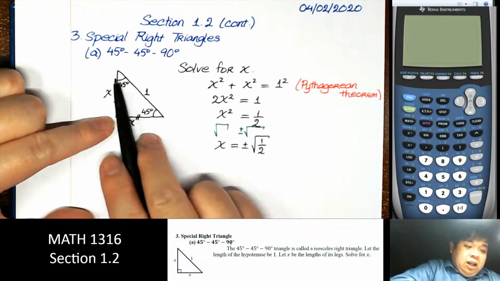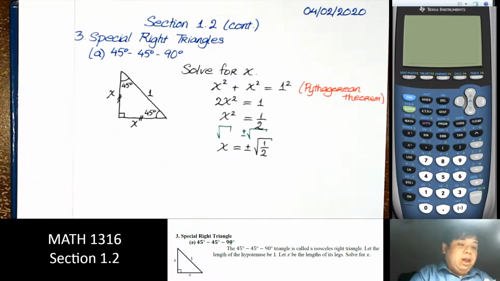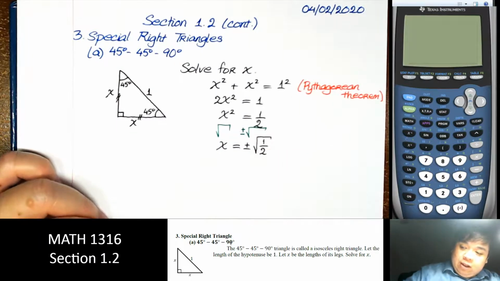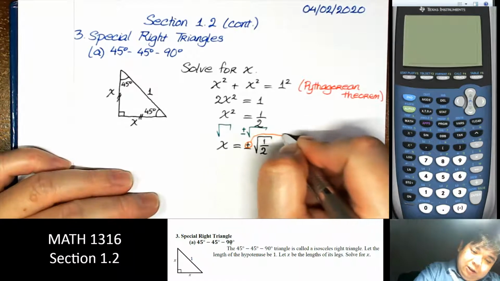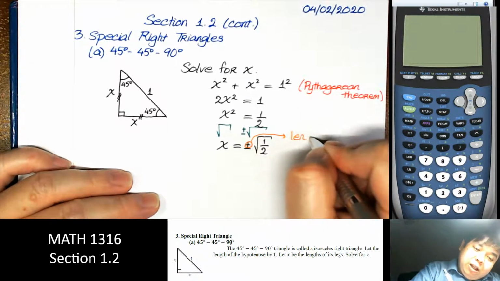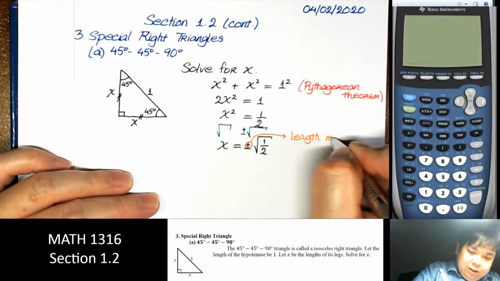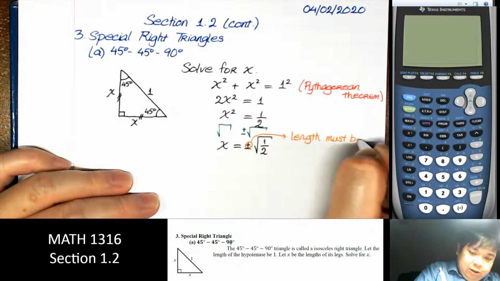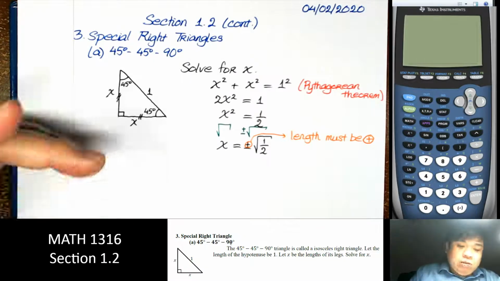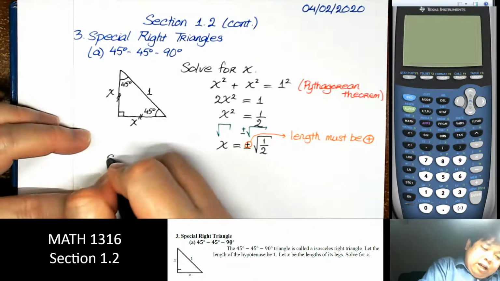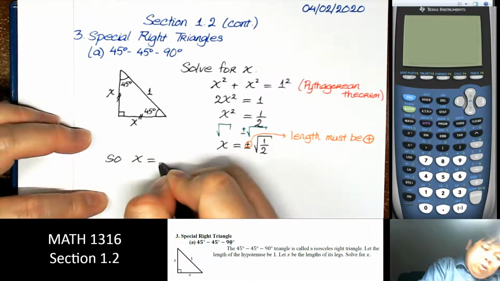Since this is a measurement, the length cannot be negative, so we just choose positive, because the length must be positive. So x equals the square root of 1/2.